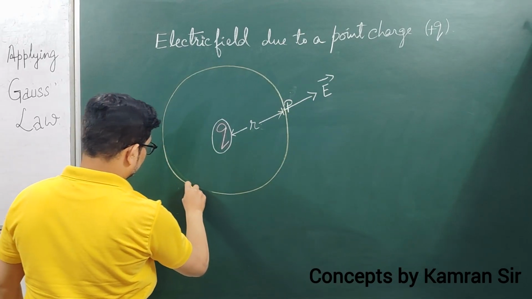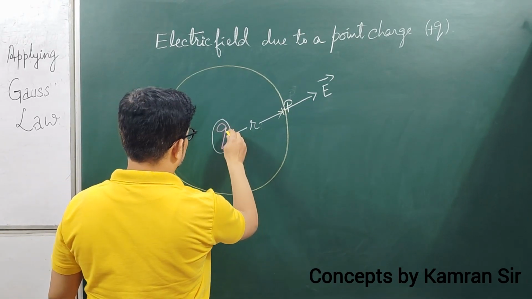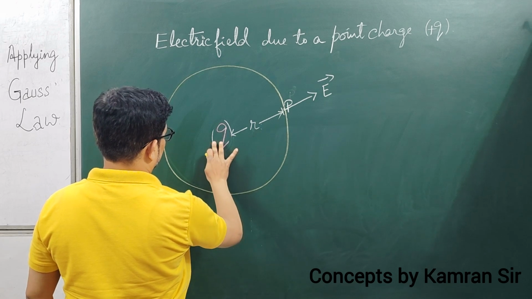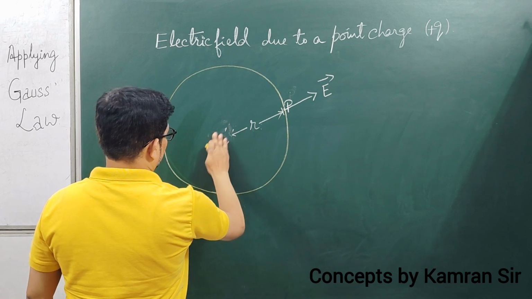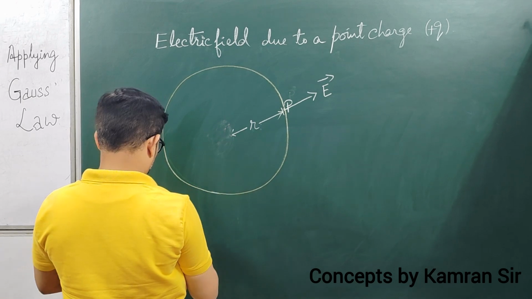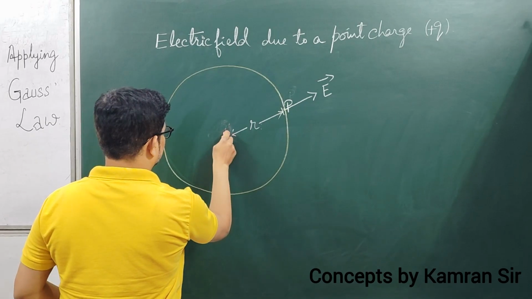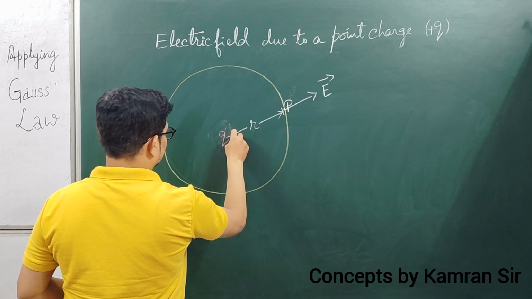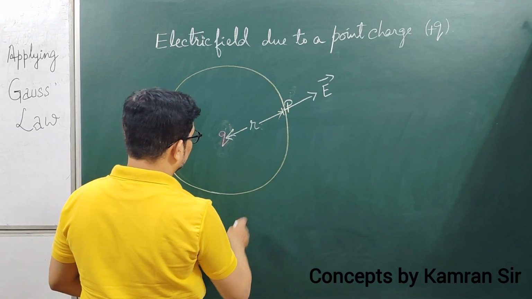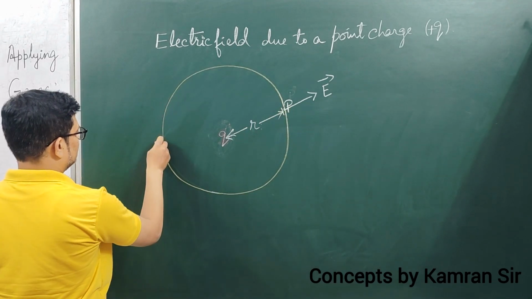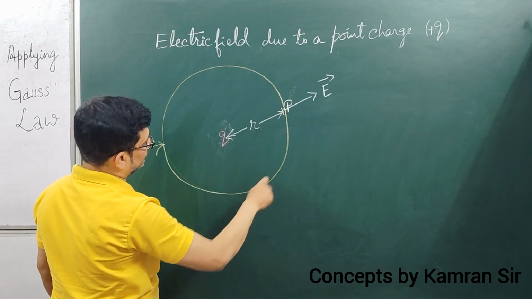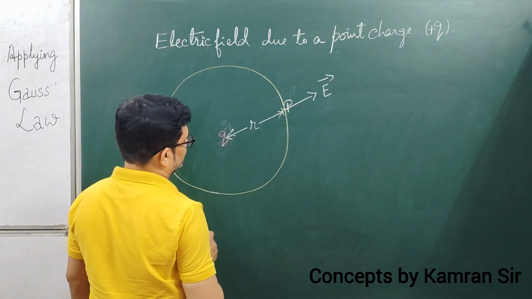The radius of this spherical Gaussian surface is r. We denote Q a bit smaller, which is the source charge. Why? Because if r is constant, E is going to be the same.